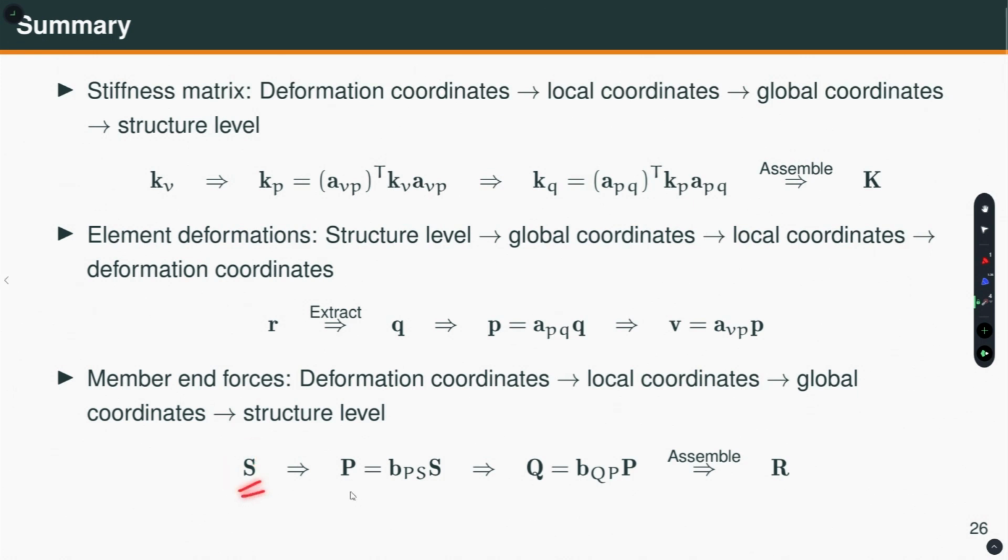So, S you transform to P, the local, using this BPS, right. Then from local to global using BQP, and then consider all the elements present in a structure, assemble them to get the R. Okay. So, this is where I will stop today and will continue in the next lecture on the direct stiffness method. Thank you so much.